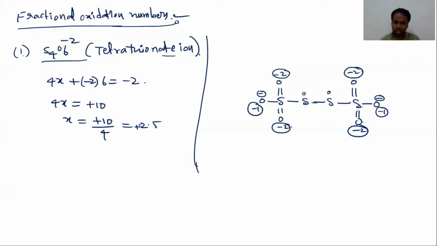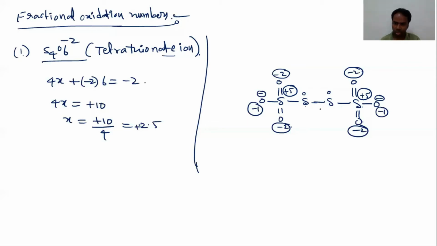Now around this sulfur, the oxygens are -2, -2, -1, total -5. So when the -5 goes outside, it becomes +5. So this sulfur is +5. And what about this one? This is also +5. So the 2 terminal sulfurs have +5 oxidation state, and the 2 middle sulfurs have 0 oxidation state.